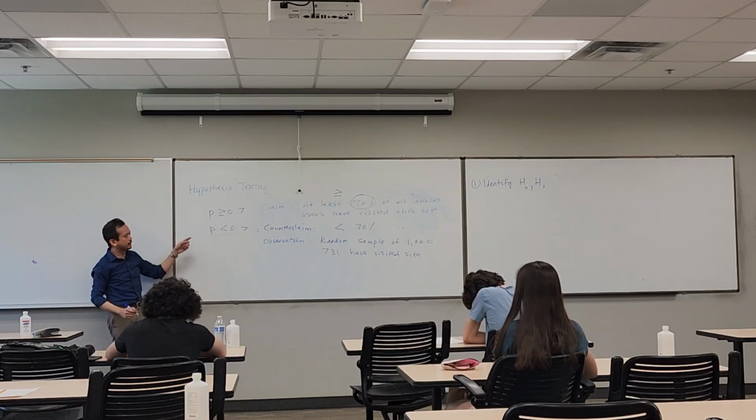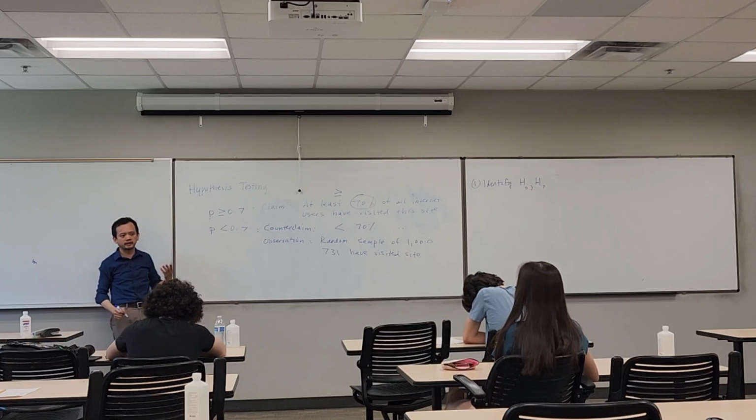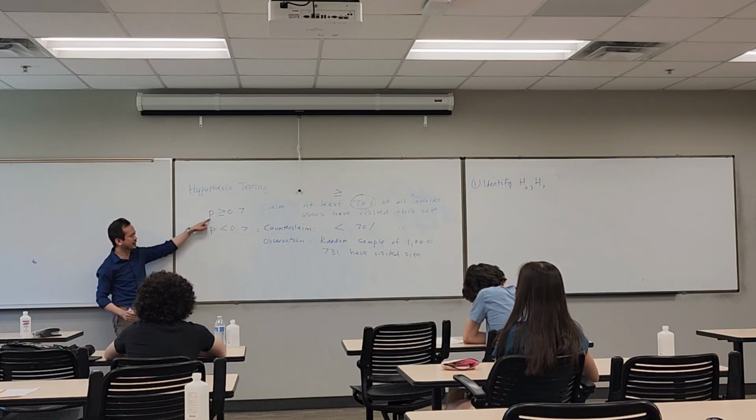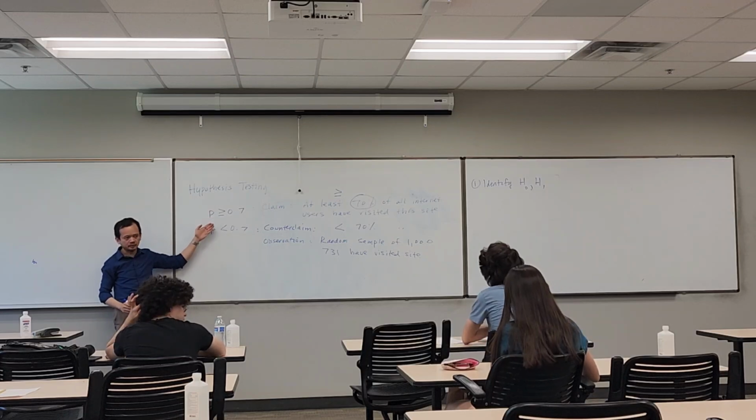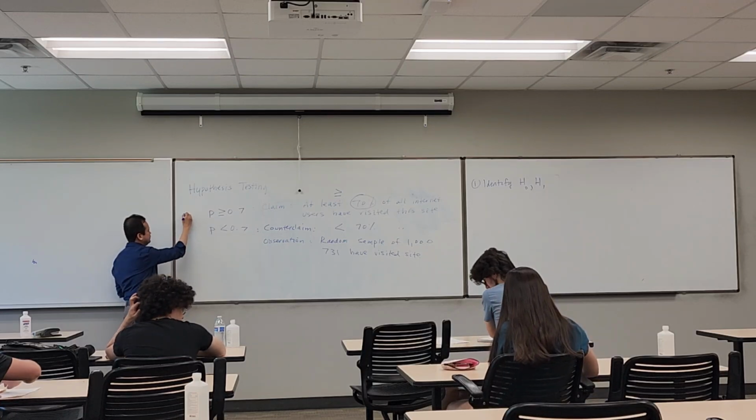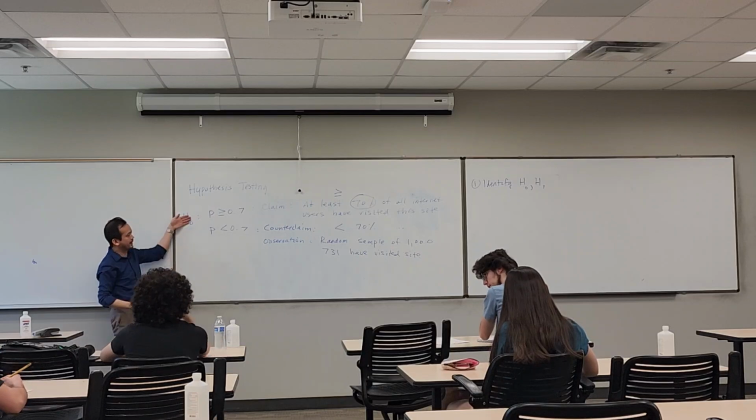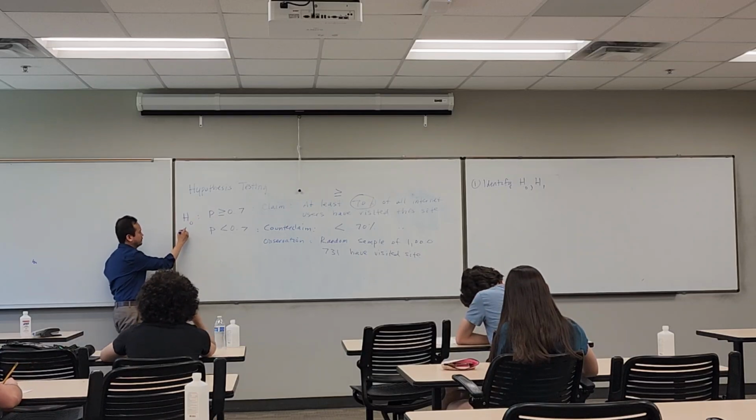The next step to identify the null hypothesis is to identify the statement that has the equal sign. So which statement has an equal sign? Yeah, the claim. So the statement that has the equal sign, in this case the claim, will be the null hypothesis, and the other one automatically will be the alternative hypothesis.